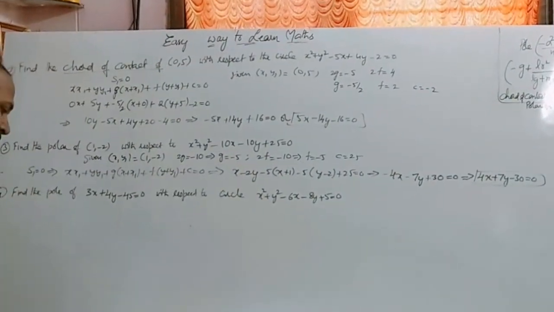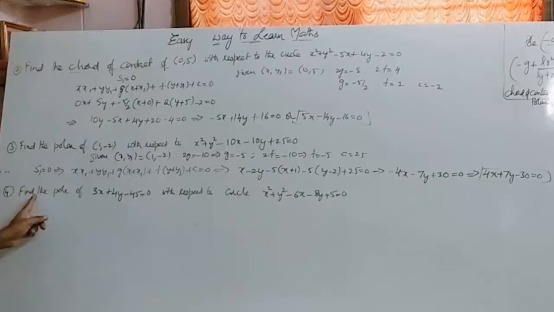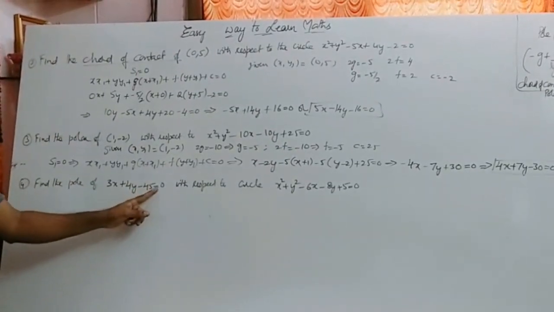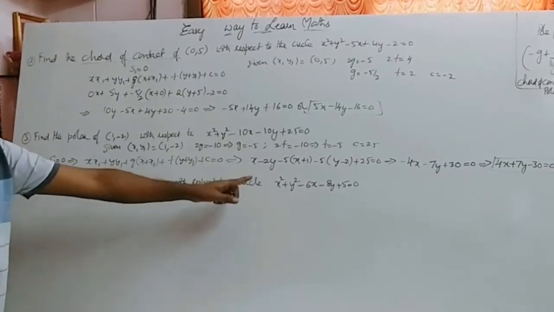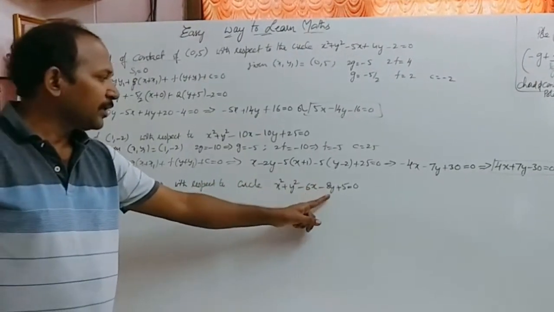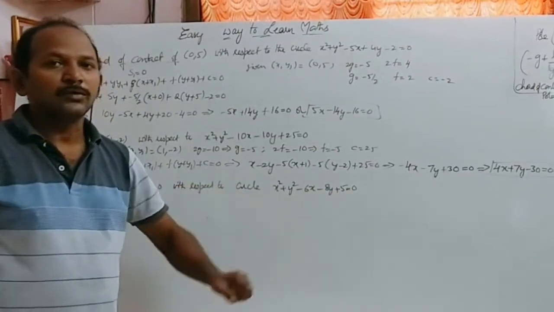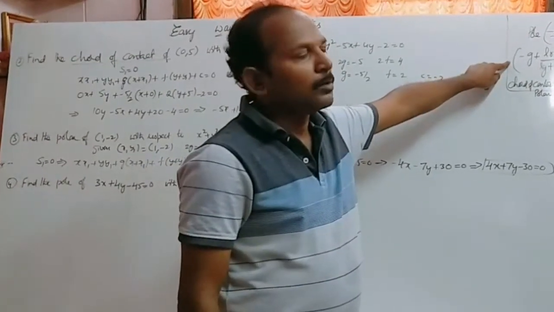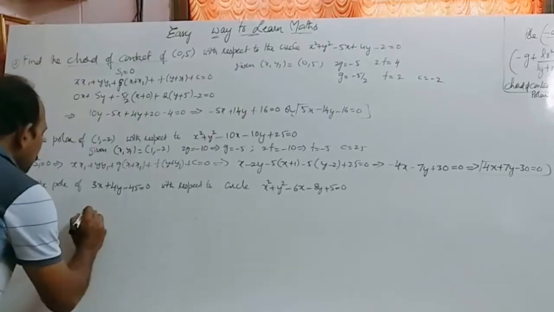Next, let us find the pole of 3x plus 4y minus 45 is equal to 0 with respect to the circle x square plus y square minus 6x minus 8y plus 5 equal to 0. Here we have to make use of this formula. What is the formula for pole?